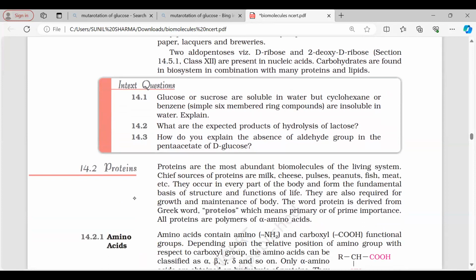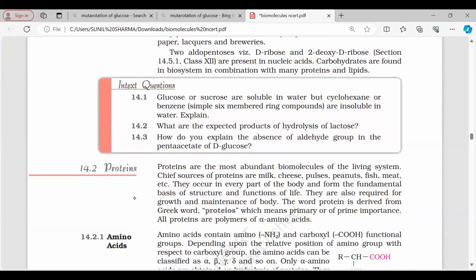See this question. Glucose or sucrose are soluble in water, but cyclohexane or benzene are not soluble. Why? That is because glucose and sucrose, yes, answer it.